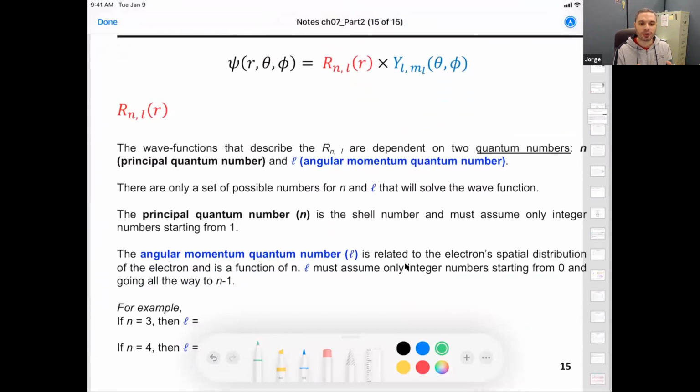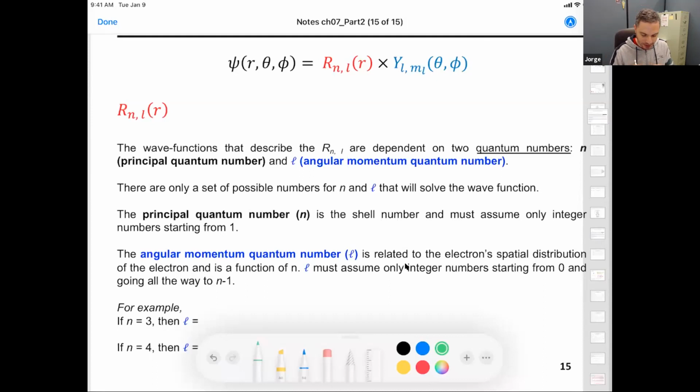The wave functions that describe the R_nl are dependent on two quantum numbers. So now I would like to introduce this term, quantum number. The set of all the quantum numbers will describe a unique electron. For the radial wave function, the two quantum numbers that have a lot of weight in it are n, which is called principal quantum number, and l, which is called angular momentum quantum number.